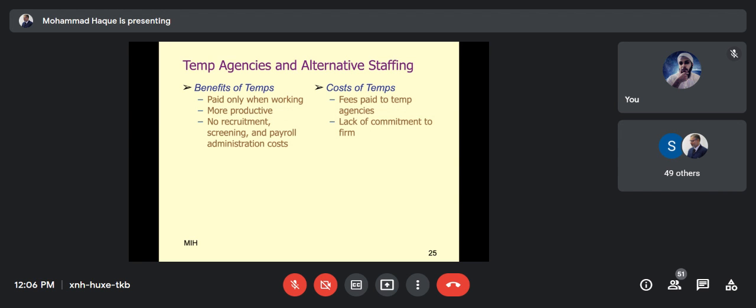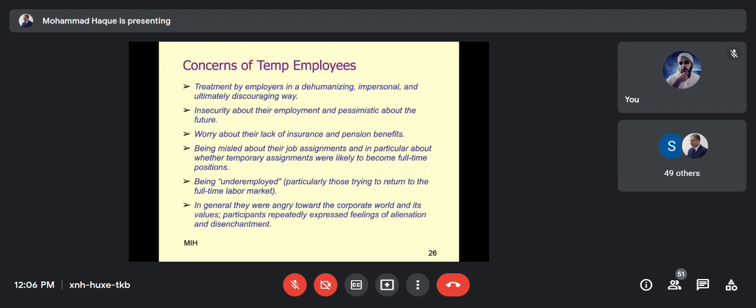Even one of my PhD scholars who did a PhD with me has an organization in Gurgaon which operates on this principle. So there are agencies which hire for other organizations, and there are agencies which supply, and they get paid. These companies get paid, and in turn they pay their employees. So the liability of the organization gets reduced.